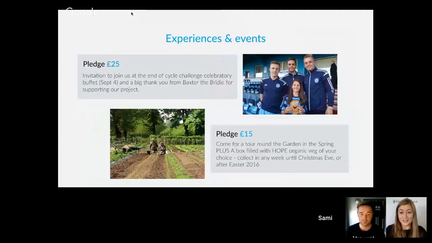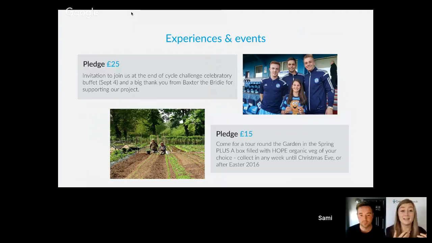And next, we've got experiences and events. This is one of the most popular kinds of rewards that we have on offer on Crowdfunder. It can give you a chance to go and do something that you normally couldn't, something a little bit out of the day-to-day. And often these are things that are really exclusive to the Crowdfunder project itself.